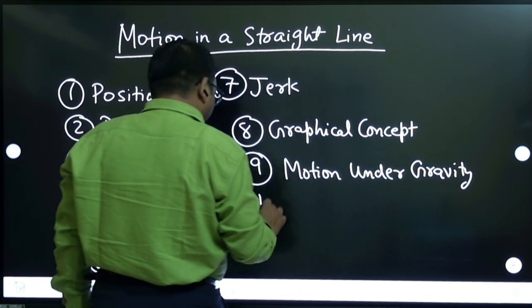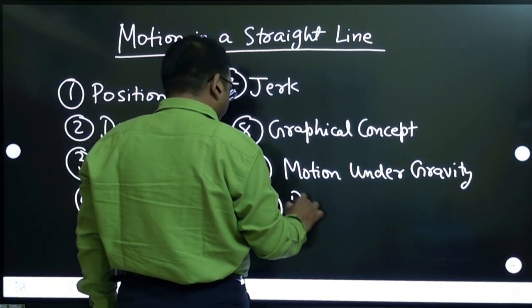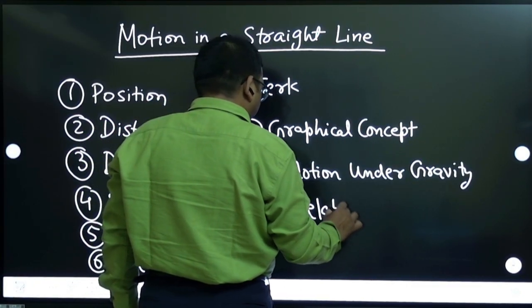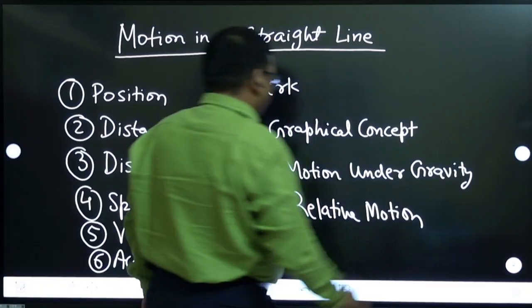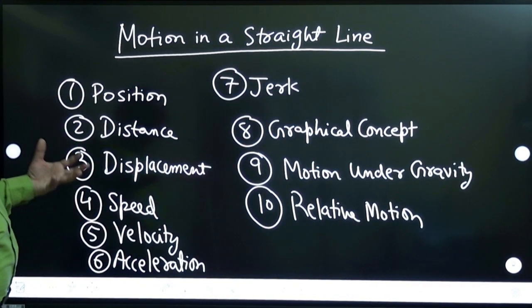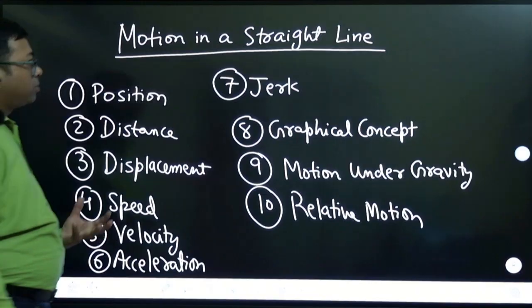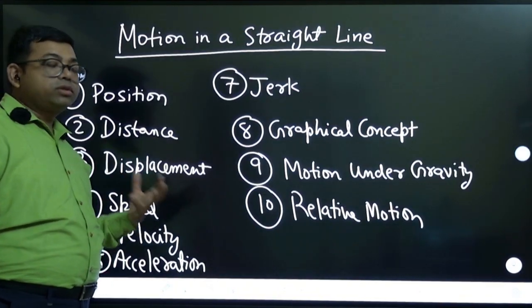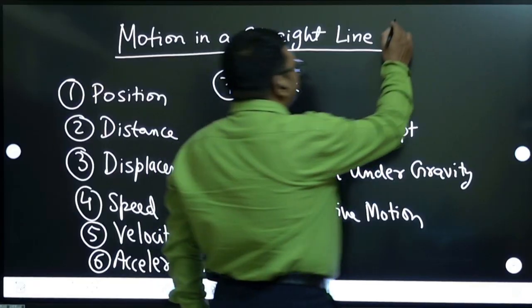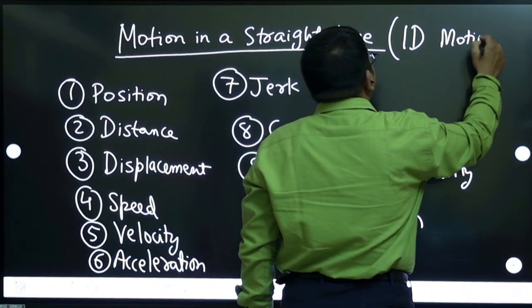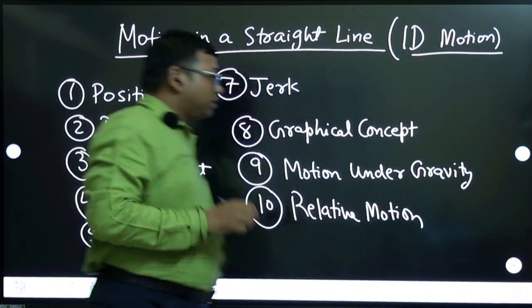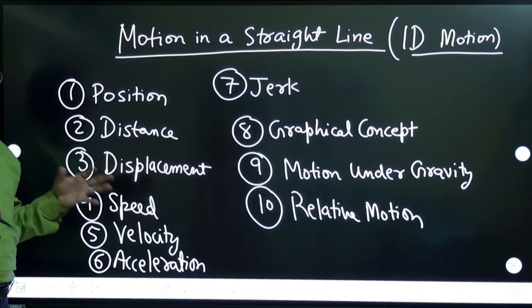After that, the last topic is relative motion. So these are the 10 topics of this chapter: motion in a straight line, or motion in one dimension, 1D motion. Let us start these topics one by one.